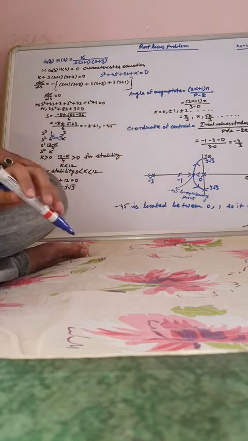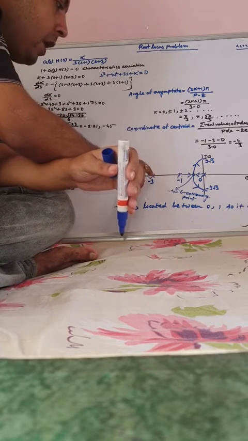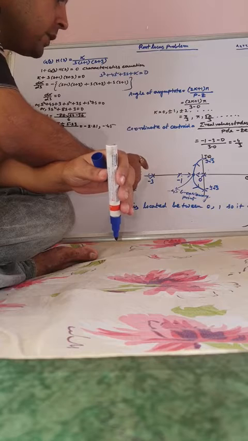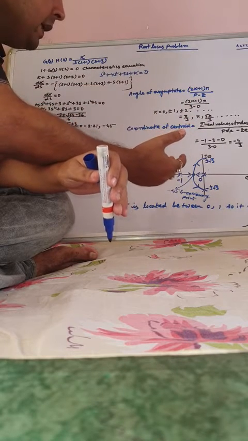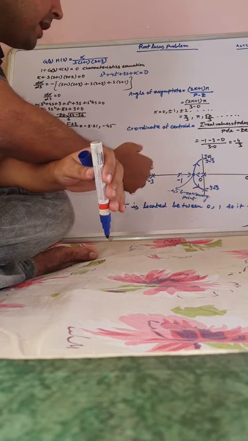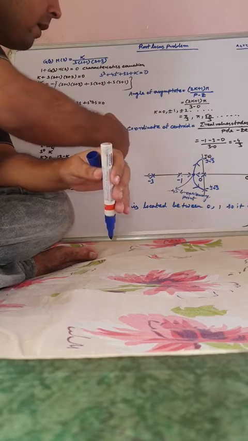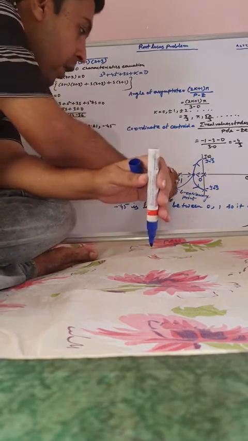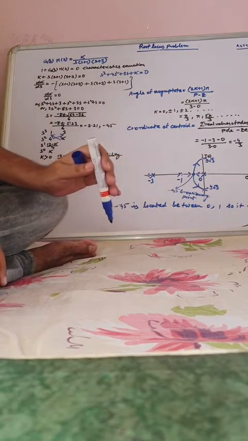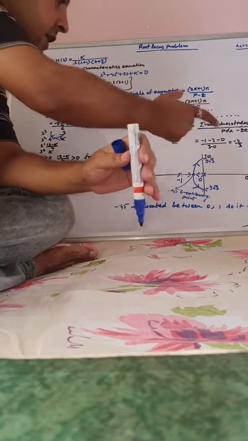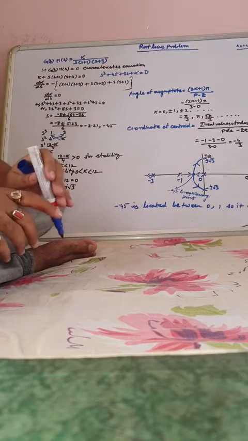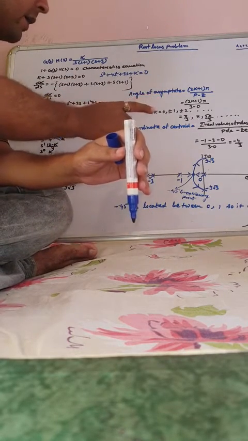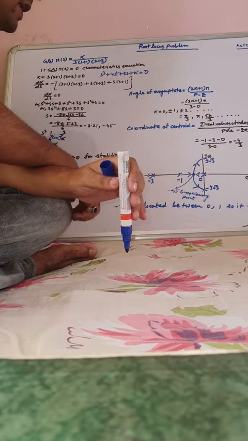What have I taught to you? If one particular pole has an even number of poles in its right direction, then that pole will go to the left direction for stability. If one particular pole has an odd number of poles in the right direction, then that pole will move to the right direction to make the system unstable.